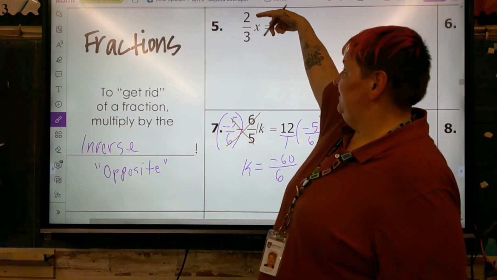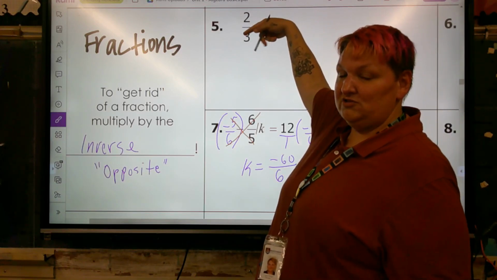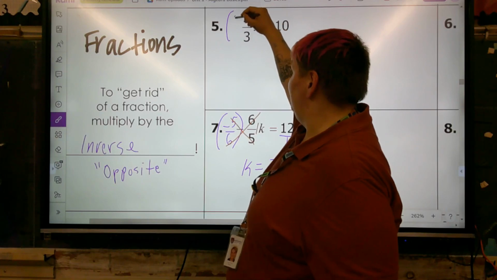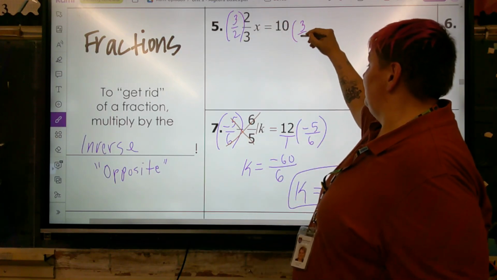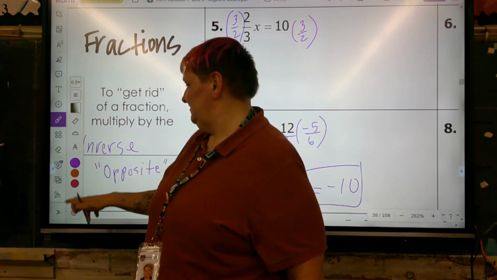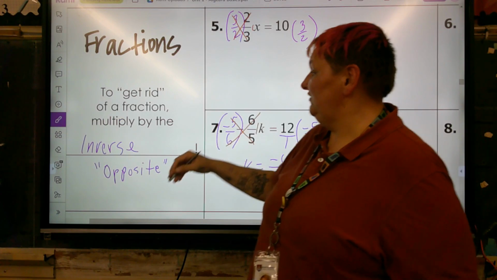Okay, let's do it again. 2/3 times x equals 10. We need to get rid of this 2/3. We need to get rid of the whole fraction. So we're going to flip and multiply. These are going to cancel out again, leaving you with that invisible 1.